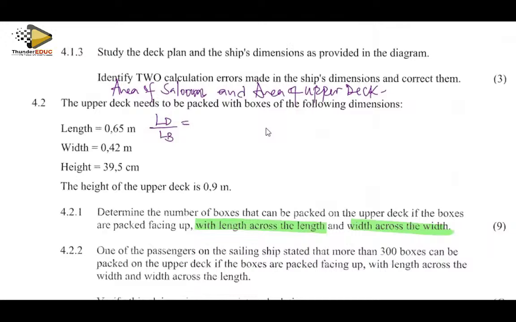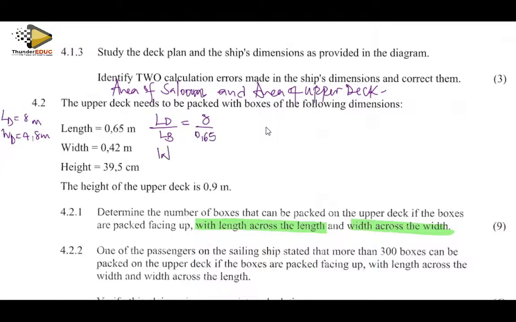So the length of the deck, may I write them here? Length of the deck is 8 meters. Then the width of the deck is 4, these are all meters. So here we shall say length of the deck, which is 8 divided by 0,65.